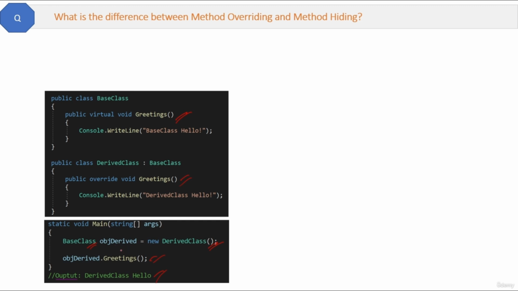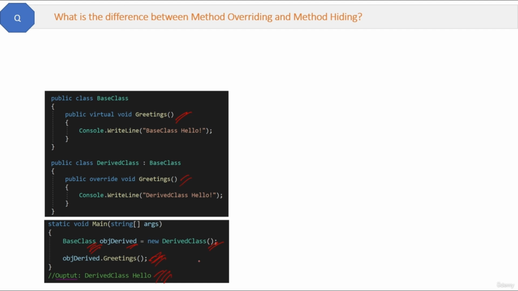Then we will just declare the obj derived variable as the base class and write conditions: if this condition is true, obj derived equals new derived class 1; else if this condition, obj derived equals new derived class 2, and so on. In those scenarios, if you call this greetings method, it will call the derived class method, because this is expected from overriding, right? This is overriding the base class method.